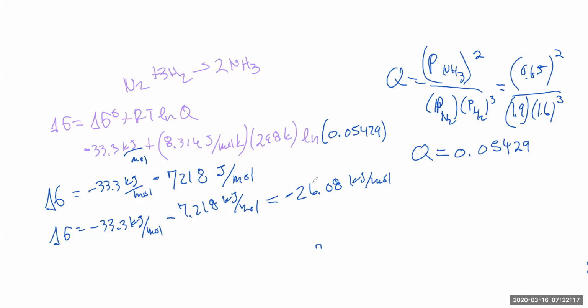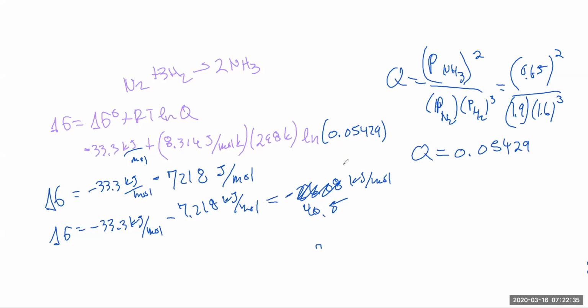Oh, not 26, I'm sorry, negative 40.5 kilojoules per mole. I forgot to add the negative sign in front of my 33.3, right? Which doesn't make any sense because we should be getting more negative.